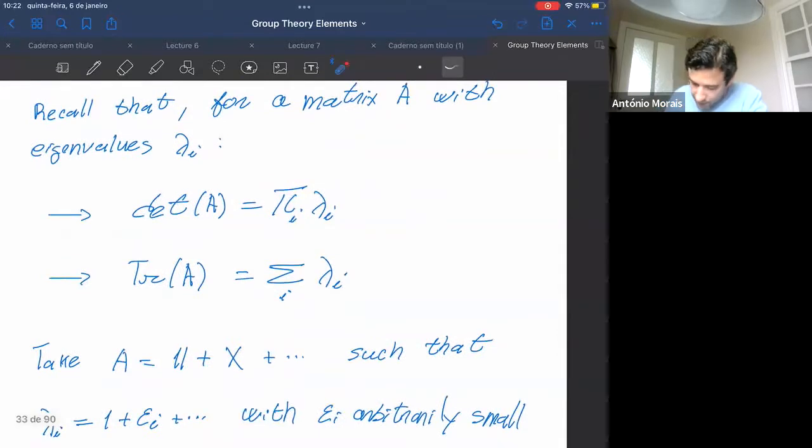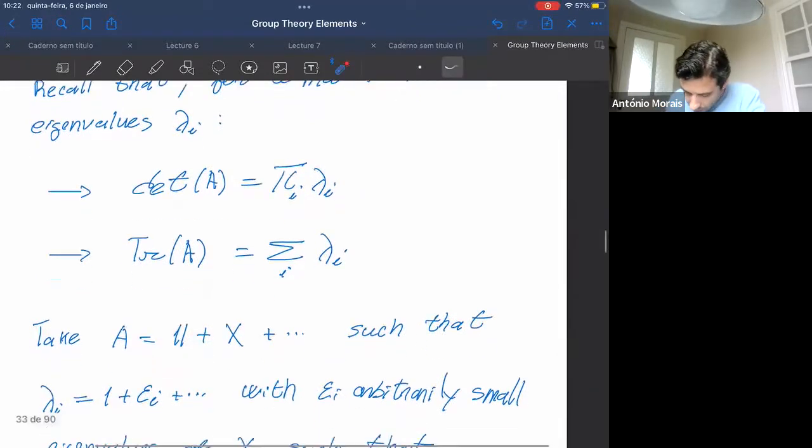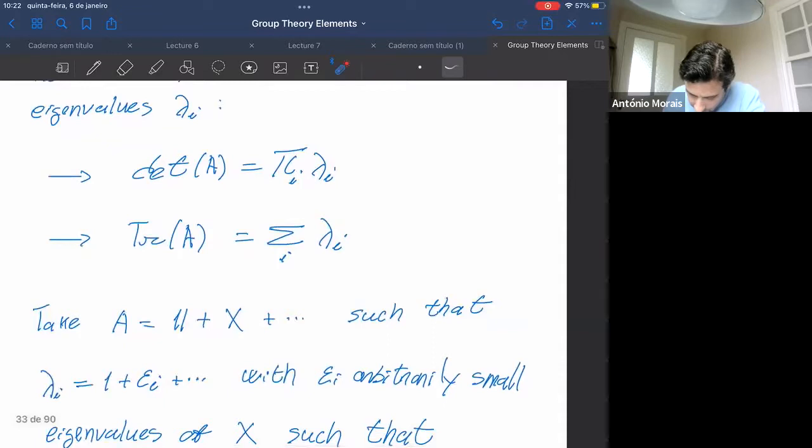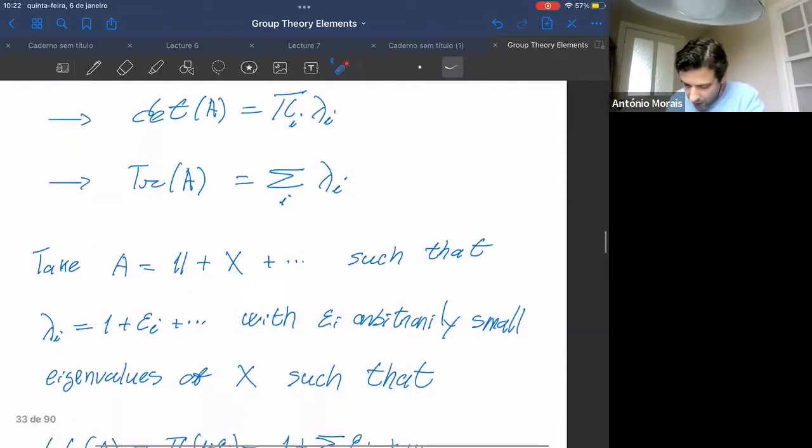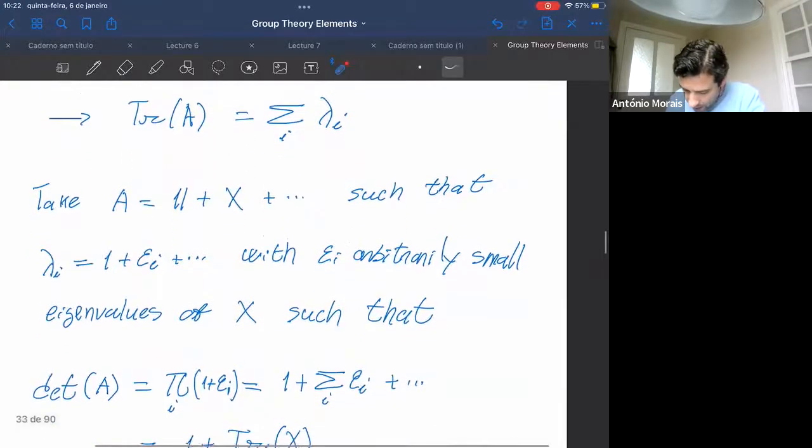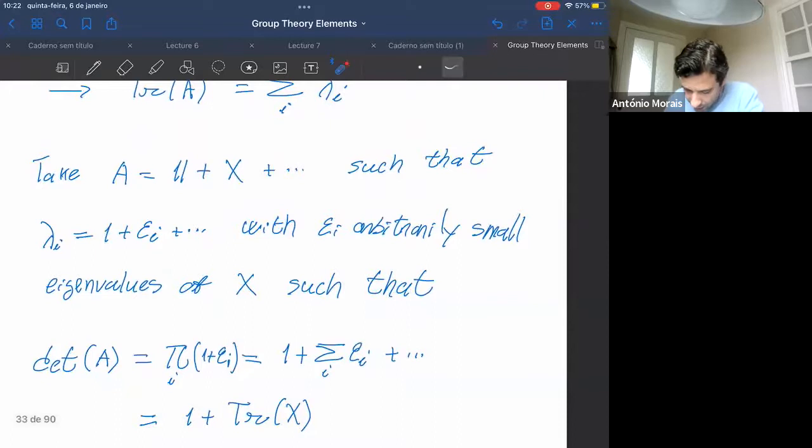But when you do an expansion about unity, such that the eigenvalues can also be expanded about an arbitrary small epsilon, which are eigenvalues of this X, then the result can be recast in this way. The determinant of A is the product of the eigenvalues, which is 1 plus epsilon, which is equal to 1 plus the sum of epsilon i.